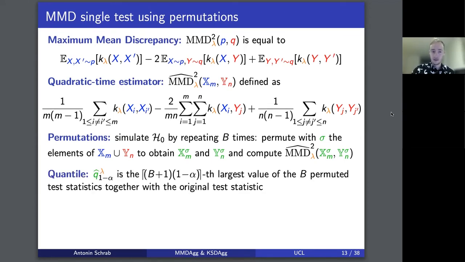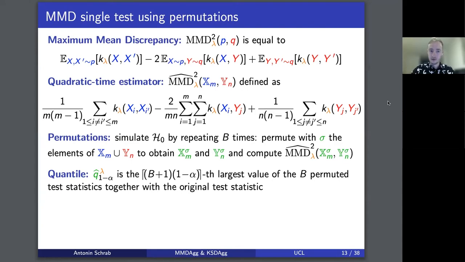And then we simply define our quantile to be the (B plus 1) times (1 minus alpha)'s largest value of the B permuted test statistics. These are the ones that we would obtain for sigma 1 all the way to sigma B, plus the original test statistic. This is this guy over here.